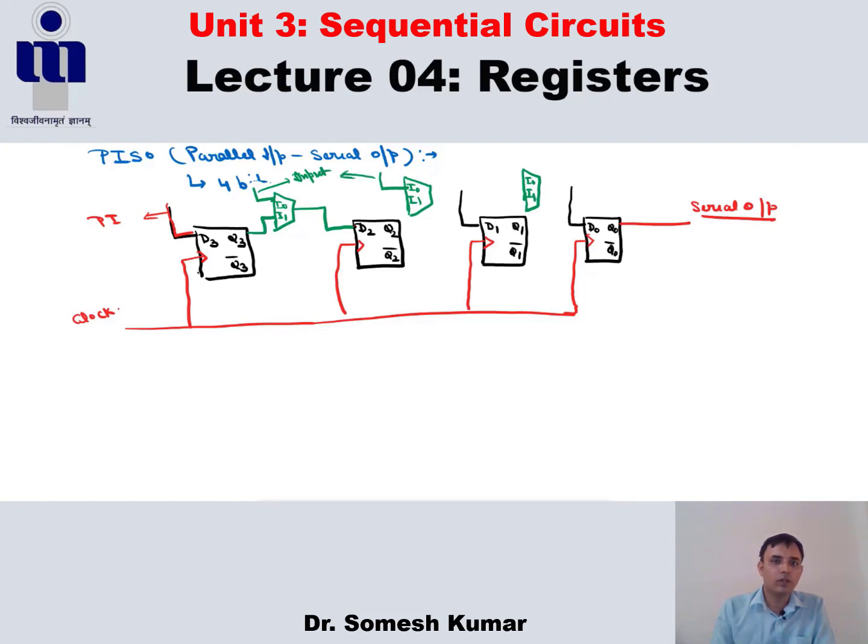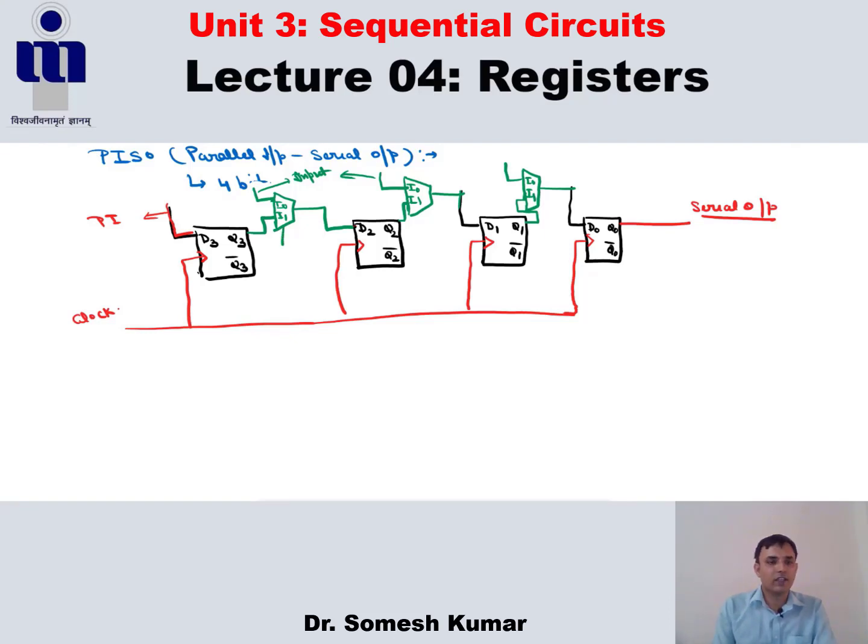Also this is the input, and this Q2 is given here. Now this I0 is the input, and this Q1 is connected here, and the output of this is connected here. So this is the parallel input serial output mux.